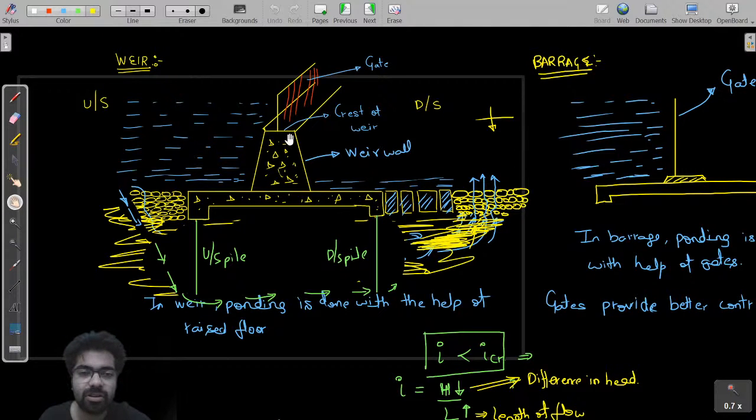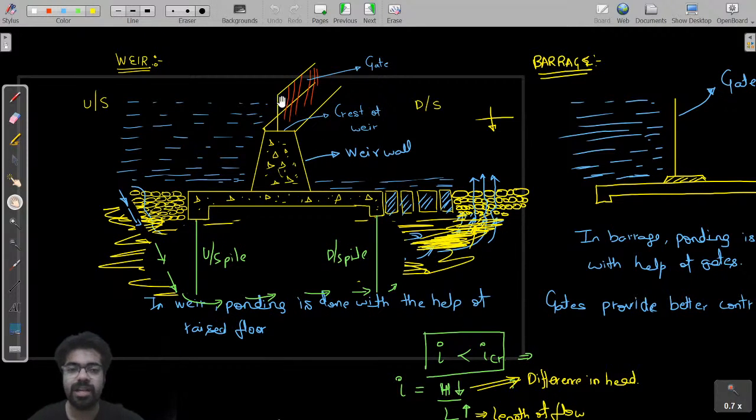So the crest is somewhat lower compared to your flood level. A river also has many levels: one is the maximum normal pool level, then the maximum pool level. For the maximum level we have gates. When flood water is extra we can store it, but when we are unable to store the surcharge water, we have to release it.